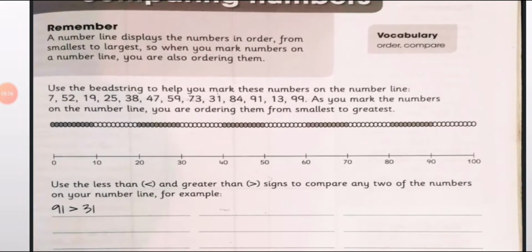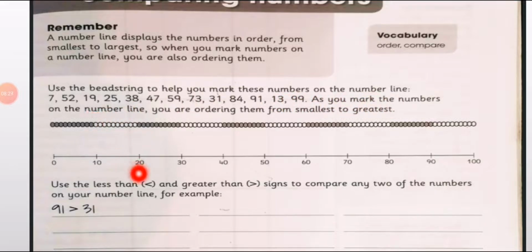Ordering and comparing numbers. A number line displays the numbers in order from smallest to largest. So when you mark numbers on the number line, you are also ordering them. You can see we have done this practice in our anticipation. So use the bead string to help you mark those numbers on the number line.